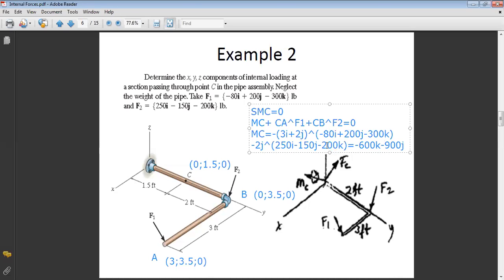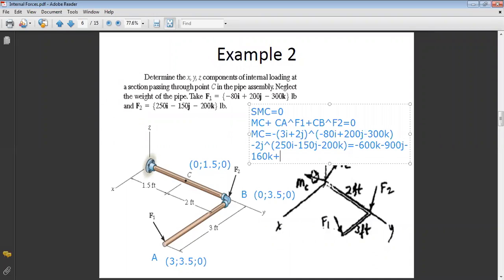Now I will continue the expansion with this term 2j. I do j vectorial i. j vectorial i is minus k, but I have a minus here, so plus k, and I have a minus outside, so minus 2 times 80, 160, minus 160k. Now j vectorial j is 0. j vectorial k is plus i, but I have a minus, so minus i, and I have a minus outside, so plus.